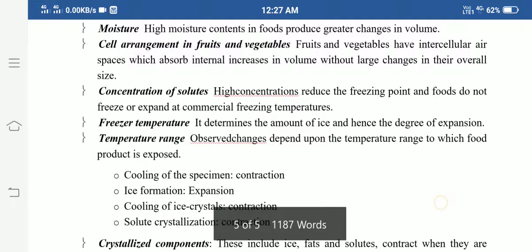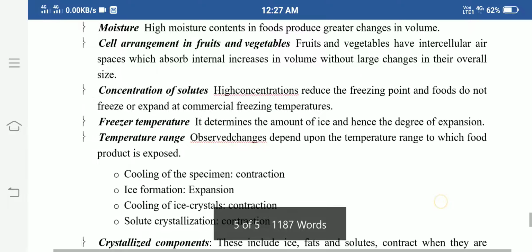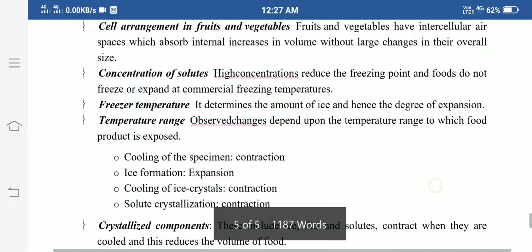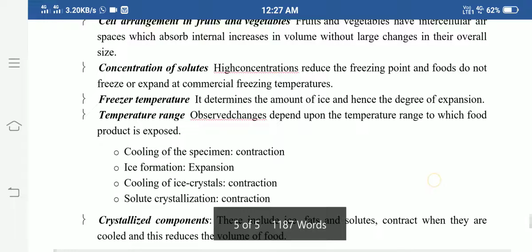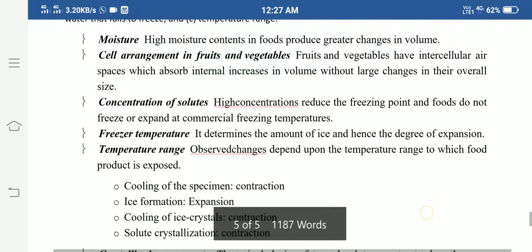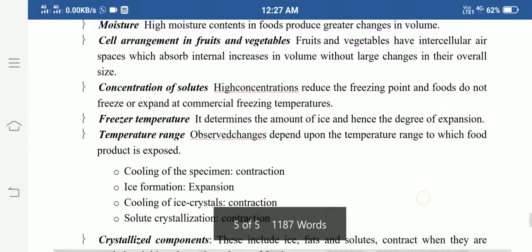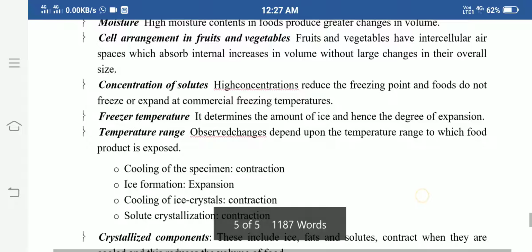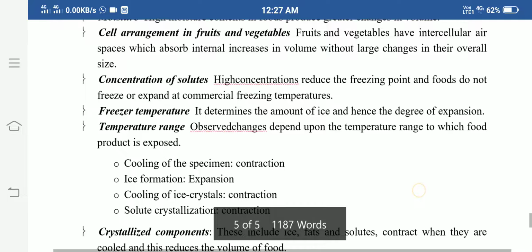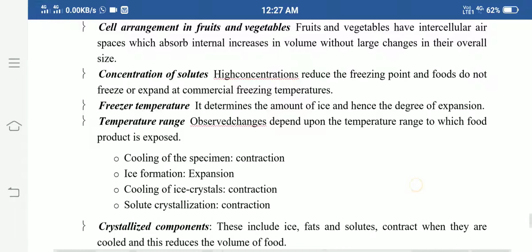Fruits and vegetables have intercellular air spaces which absorb internally the increases in volume without large changes in their overall sizes. So this is the process where the air space tries to accommodate the increase, but the ice formation doesn't allow that.